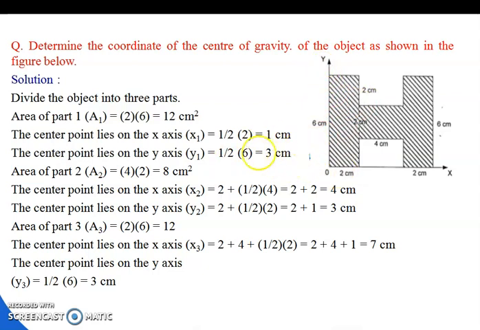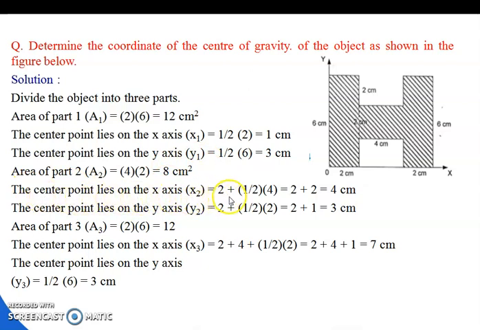So next, the second part of the section: the width is 4 cm and the depth is 2 cm. So the area of the second part is 4 into 2, which is 8 cm². Now come to the center point along the x-axis.